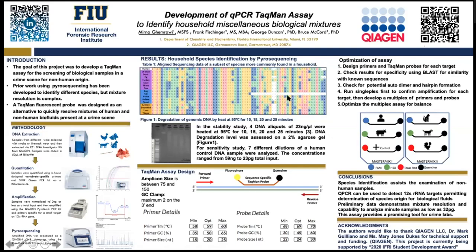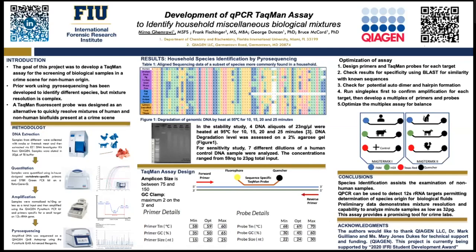That is why we have now moved to try the qPCR TaqMan assay. Pyrosequencing works best for single sources. It does work for some mixtures, but it requires some manual evaluation.